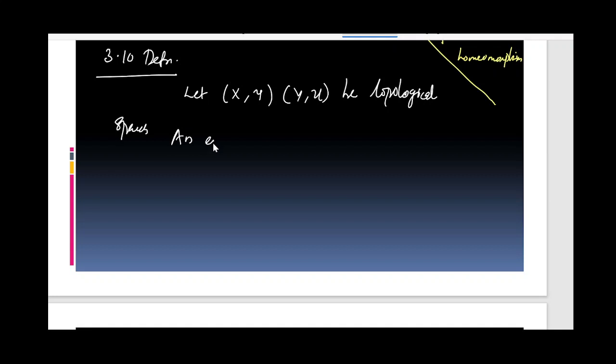Let (X, tau) and (Y, u) be topological spaces. Embedding; another name is imbedding.